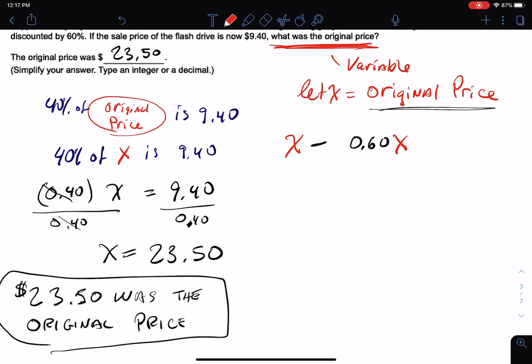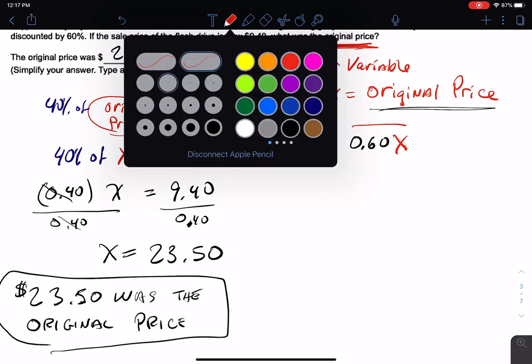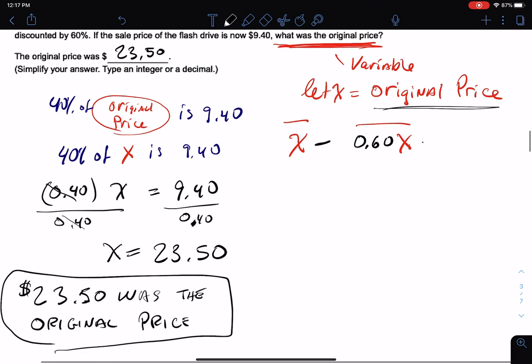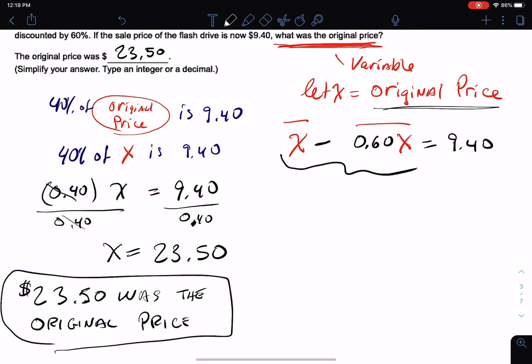So you've got your original price, and then you have to take away this discount, which is 60% of the original price. And they're saying in the problem that when you do that, your result is $9.40. So what does this become?